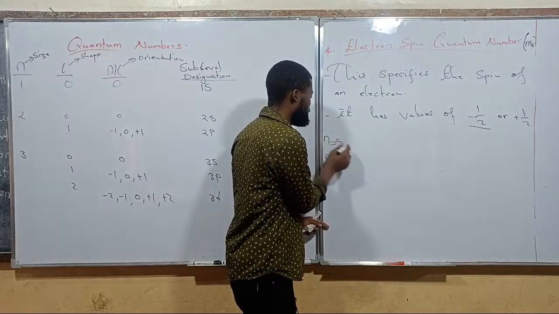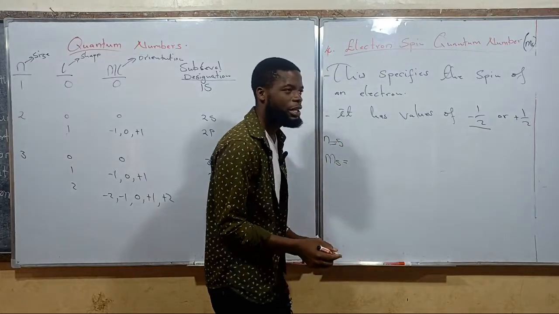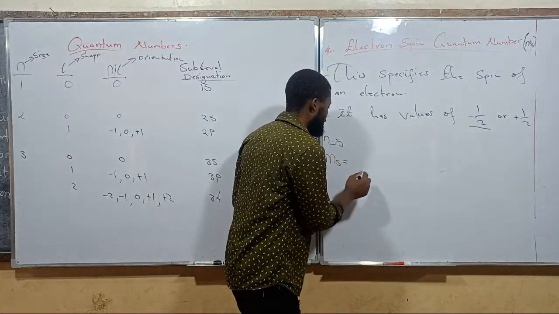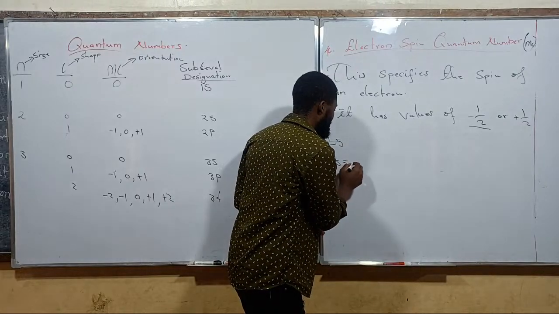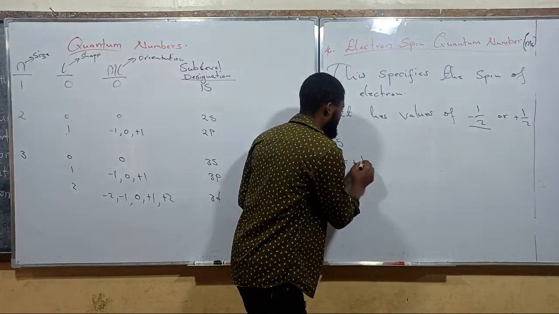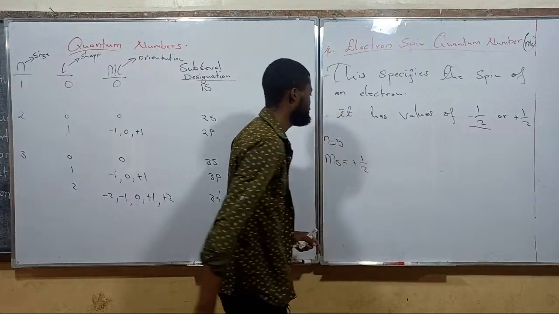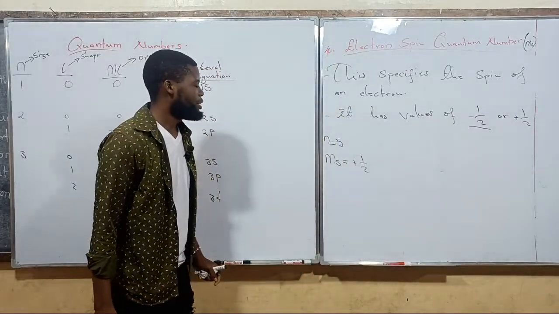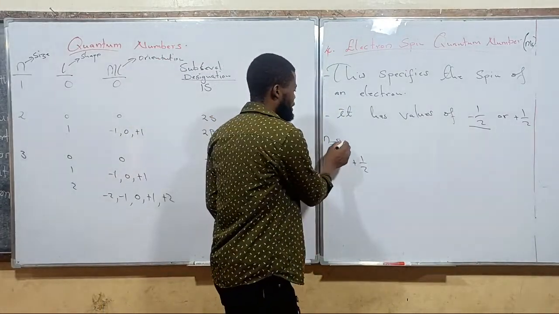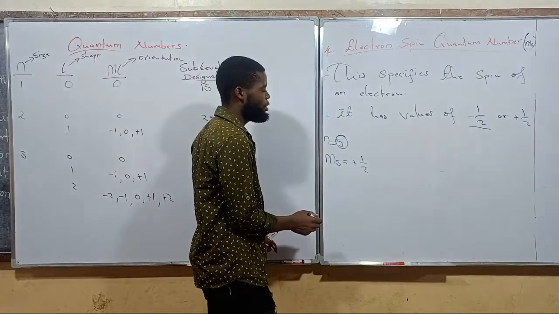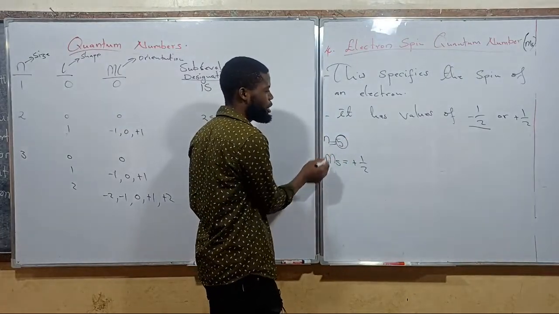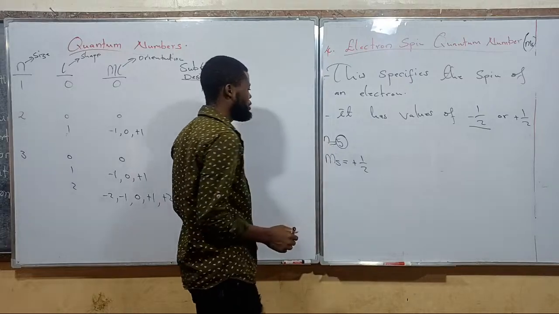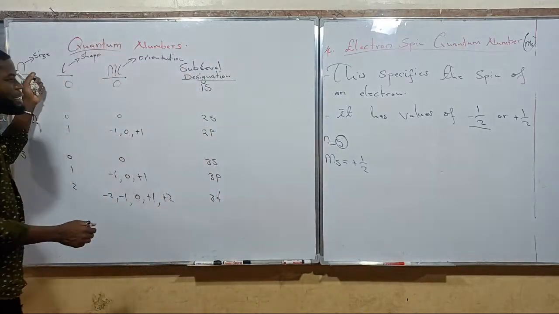If these electrons have been specified by a spin of +half, it means the maximum number of electrons this principal quantum number is going to hold, because the principal quantum number specifies the size.